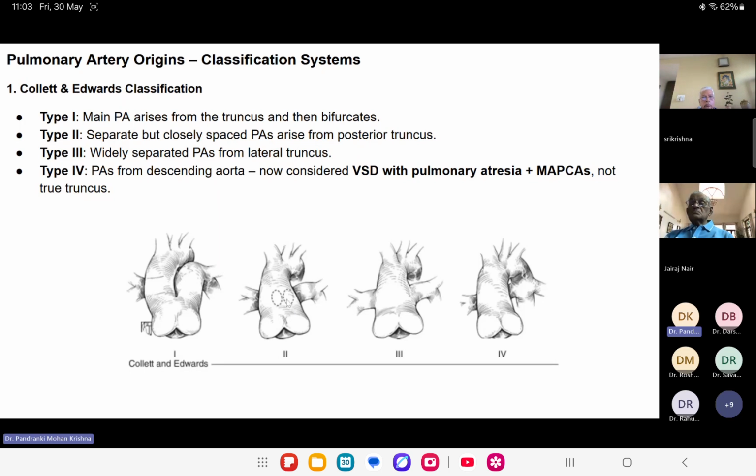In the third one, the PAs are widely separated, mostly from the lateral side. And the fourth one is where only one PA, both the PAs arise from the descending thoracic aorta, but now it is considered as VSD plus pulmonary atresia plus MAPCAs, not a true truncus form.